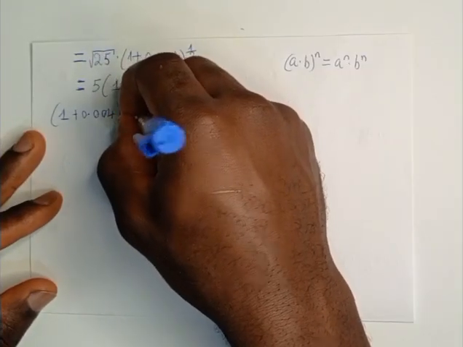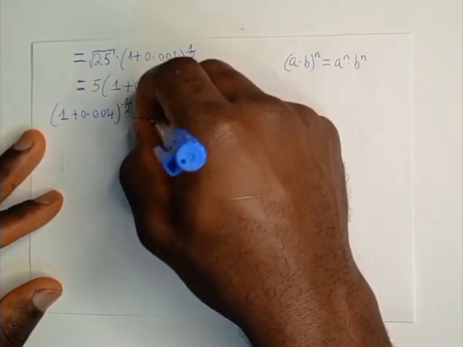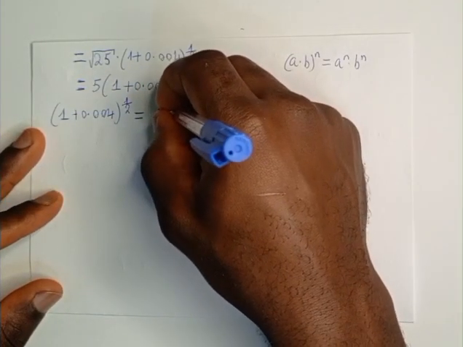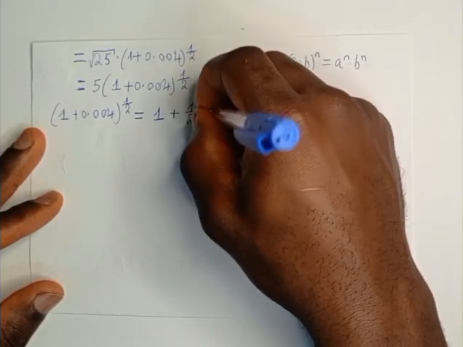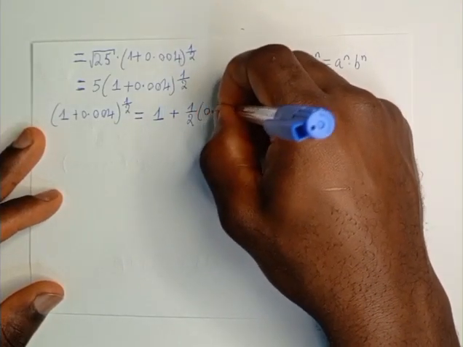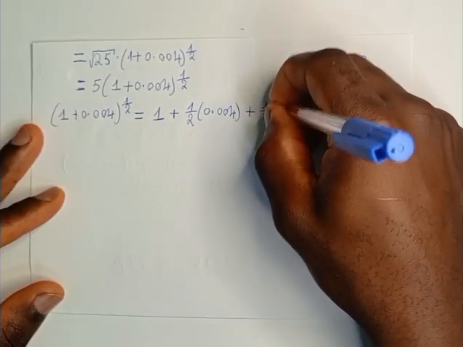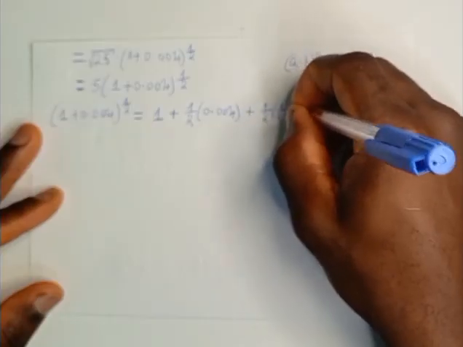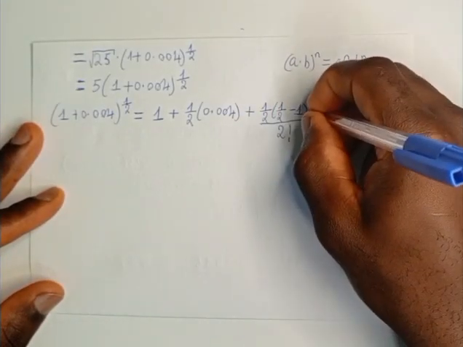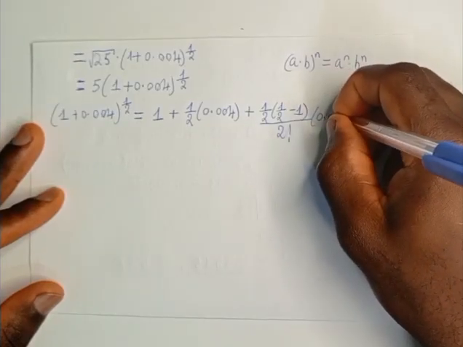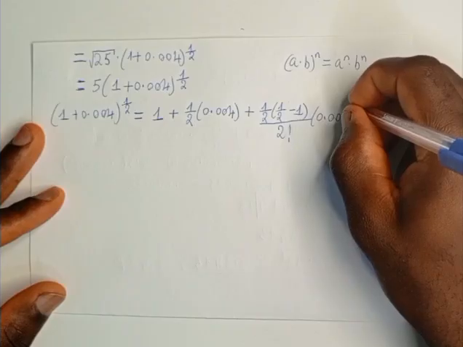And this will simply be equal to the first term, which gives us 1, plus the second term, a half times 0.004, plus the next term, a half times a half minus 1, all this divided by 2 factorial, times 0.004, all this raised to the power 2.